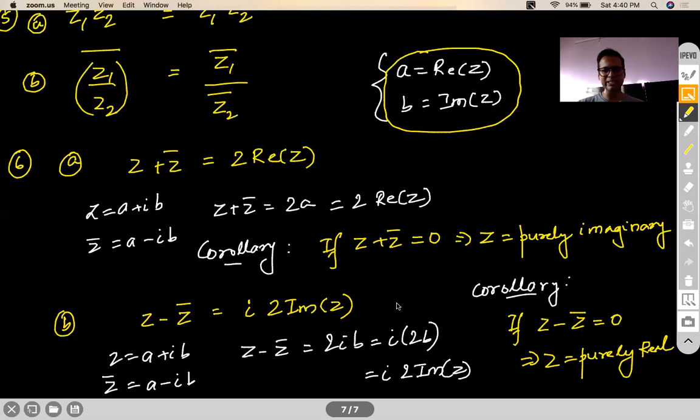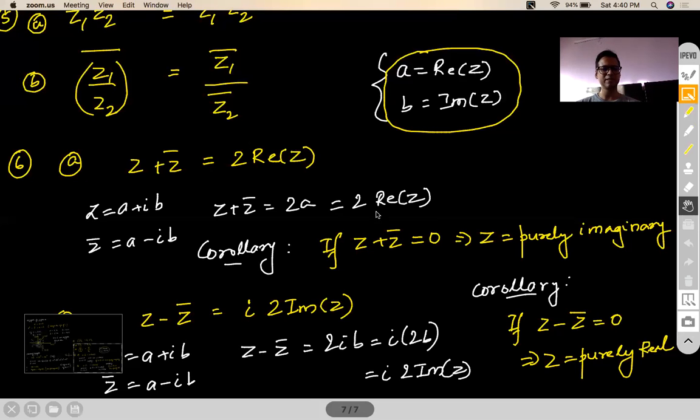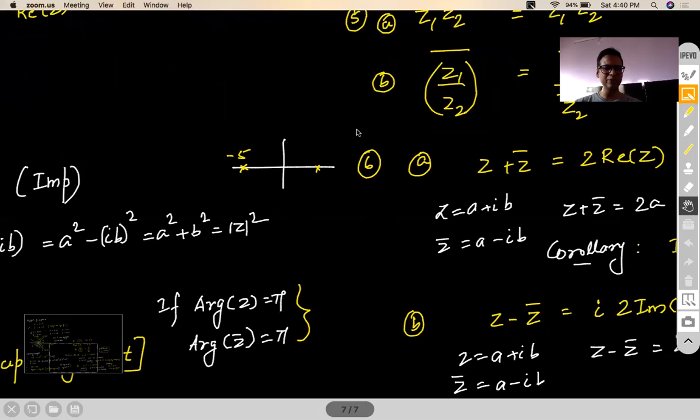Somebody has joined in the session. Who joined in late? My God, people are joining as late as 4:40. Yeah, is there somebody who joined in late? Please let me know. I'll have to take the attendance once more. Yes, Anurag, I'll take you to the third point.